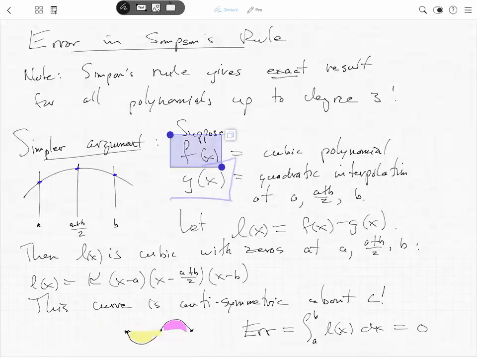I'm going to let g be the quadratic interpolation of f at these same 3 points, at the 2 endpoints and the midpoint of this interval from a to b. And I'm going to let L be equal to the difference between f and g. And then once again, the integral of L will represent the error in our estimate of the integral using Simpson's method.